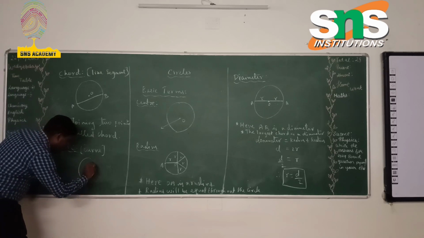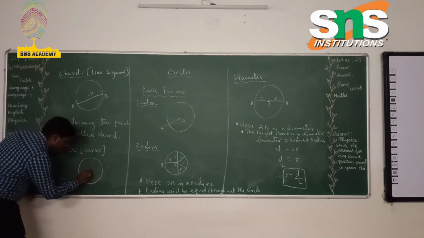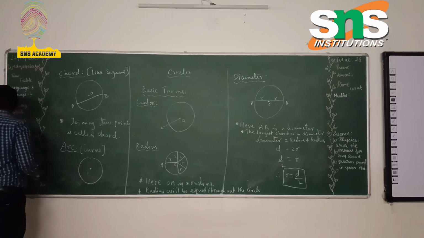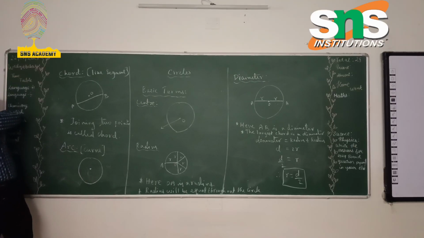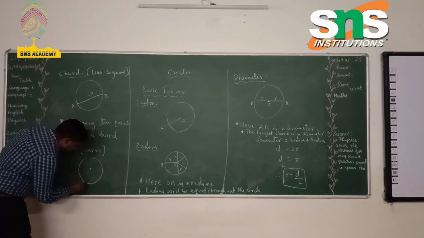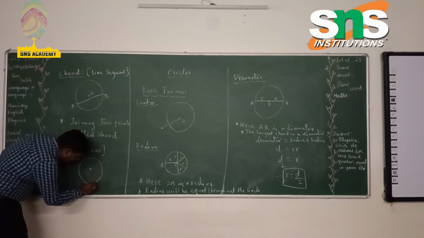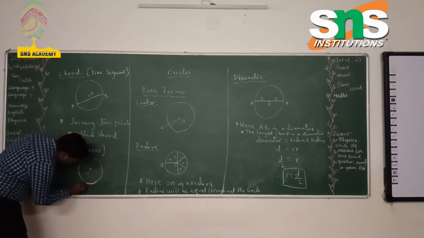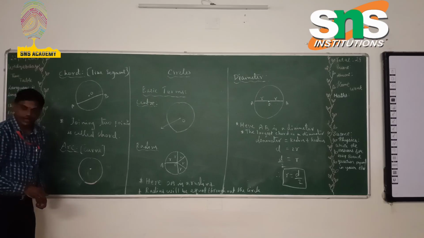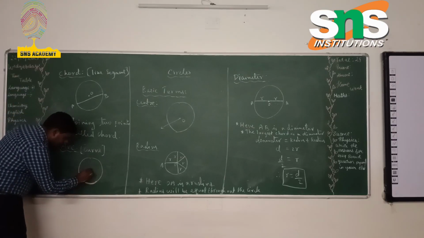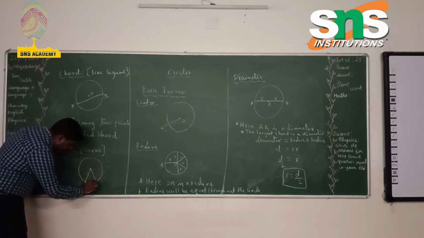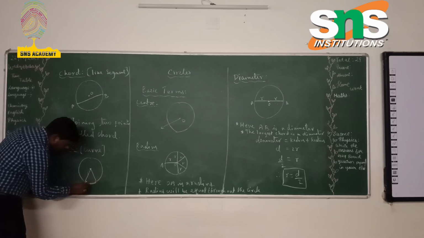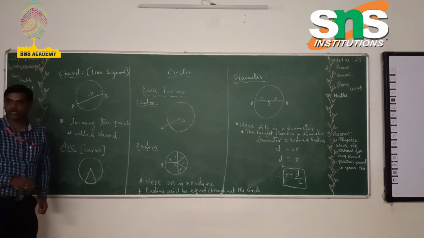If you are taking a circle, and here I am going to mark only this portion like this, this portion is called an arc.